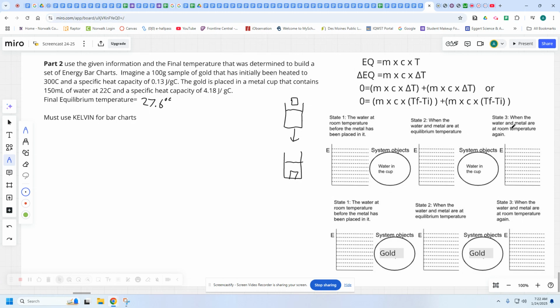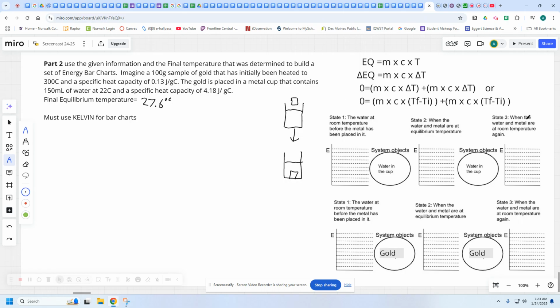So if you read the prompts, state 1 is when the water is at room temp and the metal has been heated to 300 degrees Celsius. The second state is when the water and the metal are at equilibrium temperature. That's that 27.6 that we're going to turn into Kelvin also.